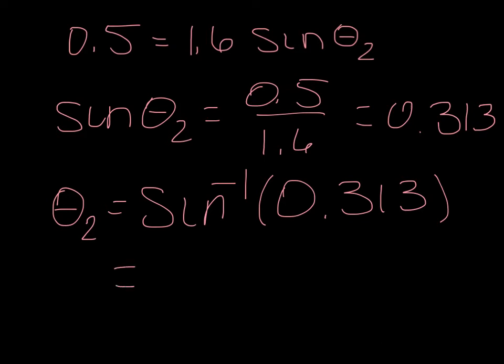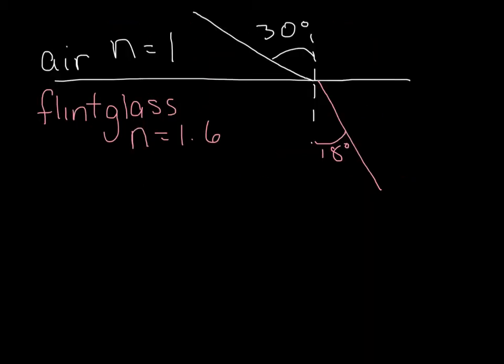That gives us an angle of 18.2, but I'm just going to shorten it down to 18 degrees. So what does that look like? At our interface of the air and flint glass, the angle of incidence is 30 on the air side, and it's refracted 18 degrees.